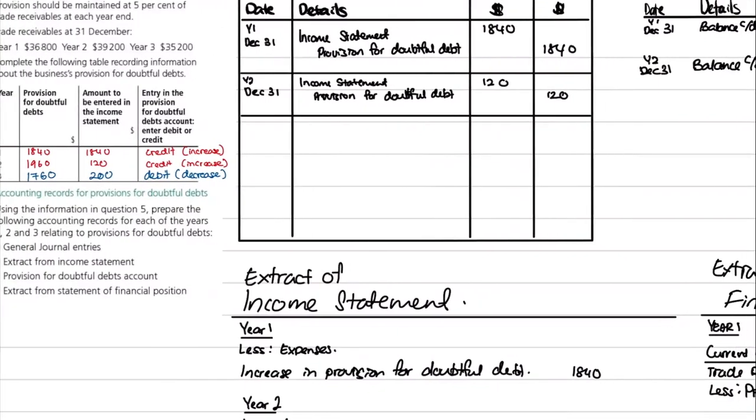So year 3. Okay, year 3 is slightly different because year 3 is a decrease. Then we need to do the upside down for the income statement and provision for doubtful debt. We need to credit income statement and debit provision for doubtful debt.